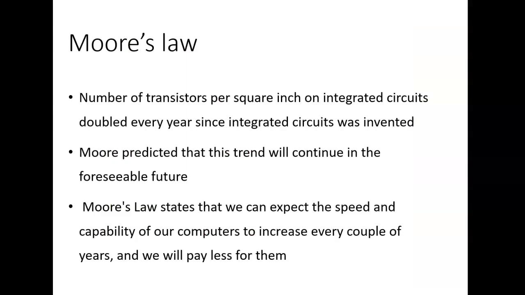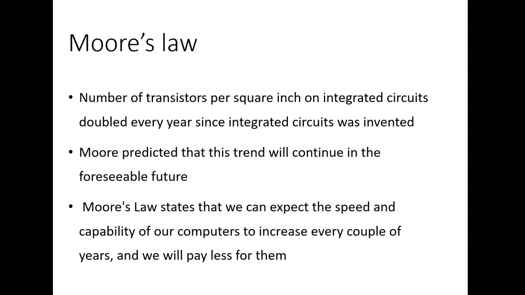So this is an important law in semiconductor technology: the number of transistors per square inch on integrated circuits doubled every year since integrated circuits were invented. Moore's law is an important law in this field, and it is named after one of the co-founders of Intel, Gordon E. Moore.